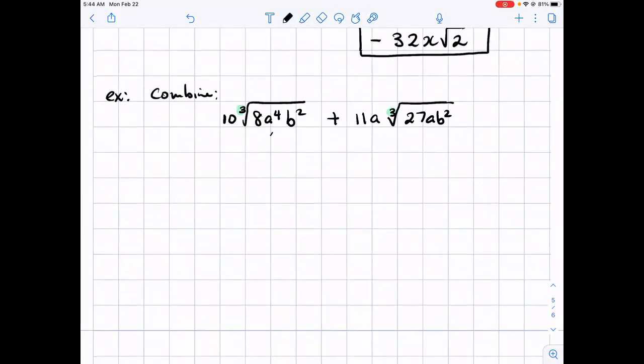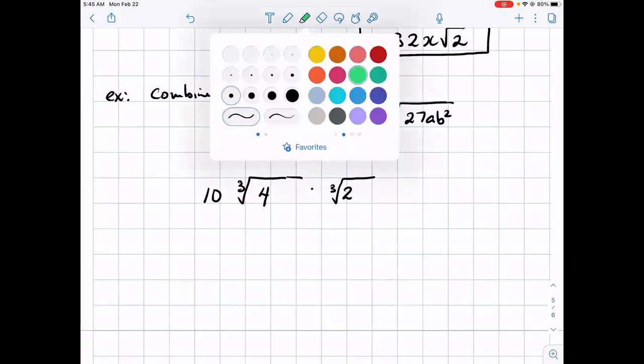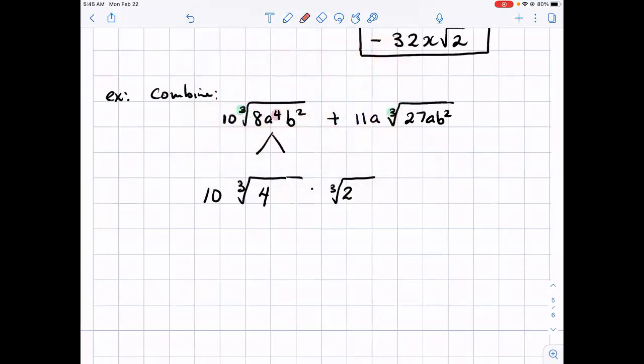So this one here, I know can be simplified because 8, I know, is the two numbers. So these will be 2 cube roots I'm multiplying, okay? Will be 4 times 2. Now, 4 here is not divisible by the index 3.